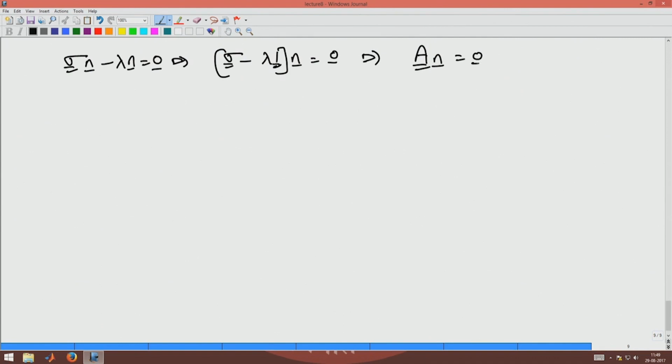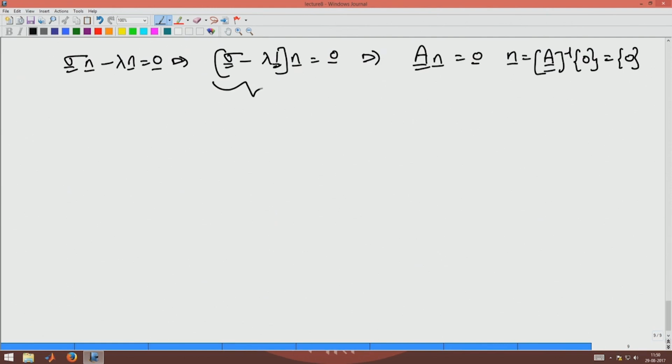If I were able to invert A, I would get n as A inverse of the 0 vector, which will be the 0 vector for n, but I have a constraint that n has to be a unit vector.